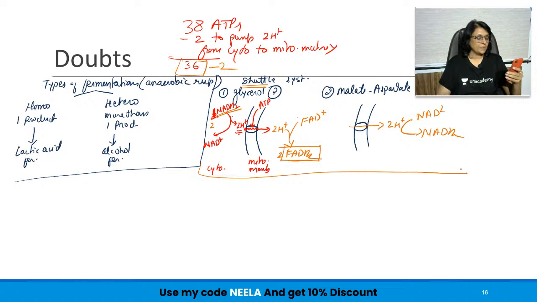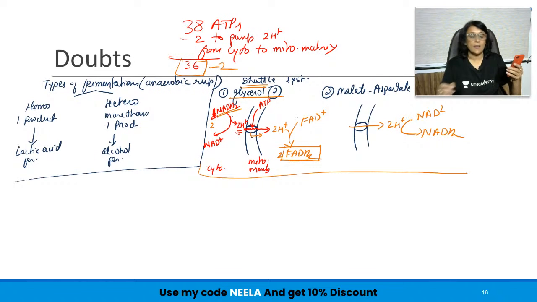Shuttle system done, types of fermentations done. Okay, Hiren says clear. Kalai, did you get the answer to your question? Are you satisfied with the answer? Where are these NAD, FADs? Why is it accepted by FAD and not NADH2? This is called the glycerol phosphate shuttle system.